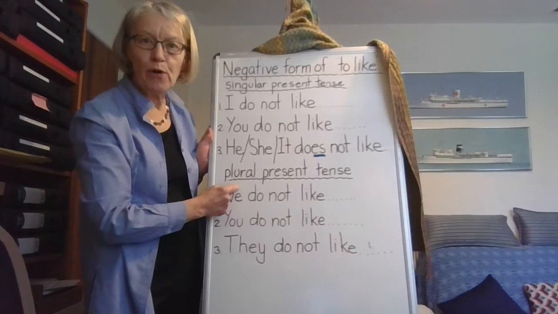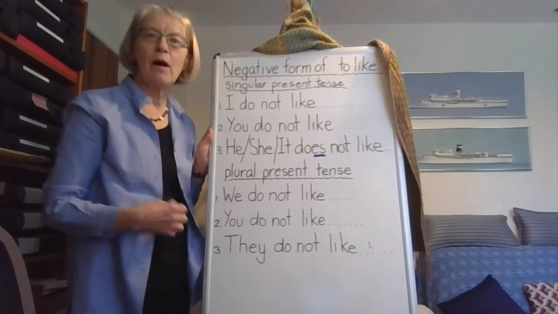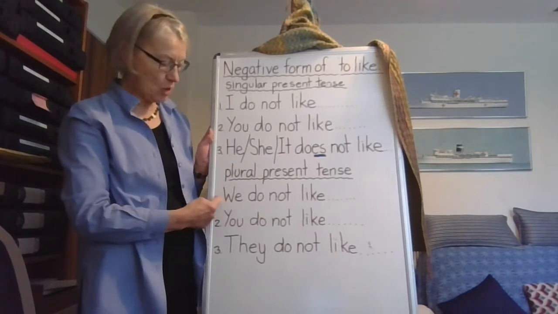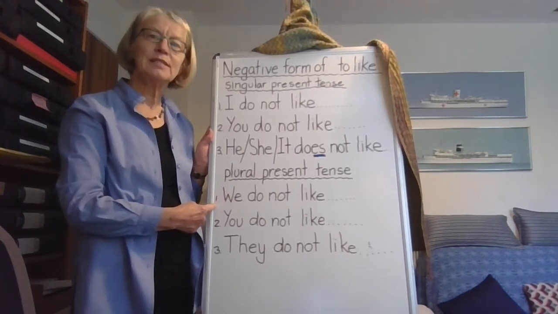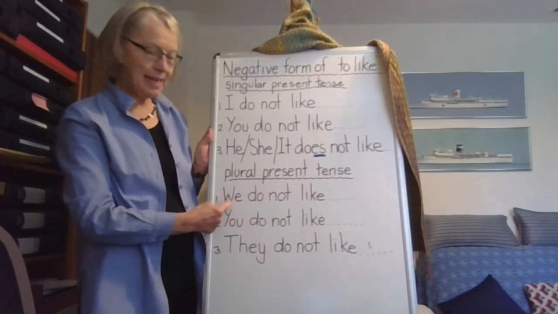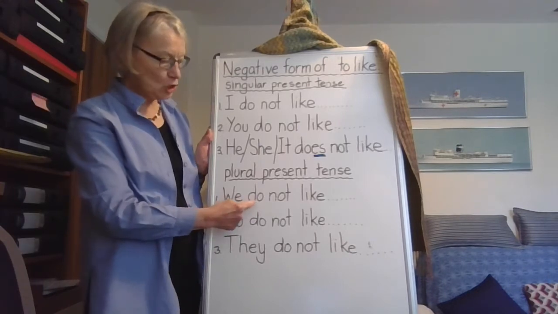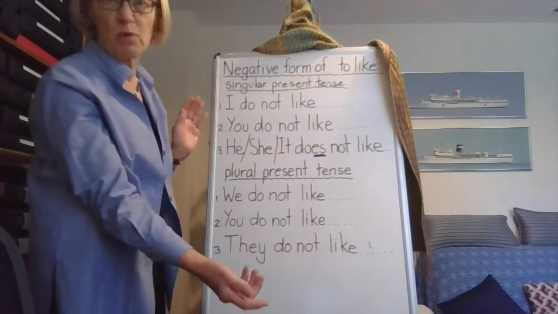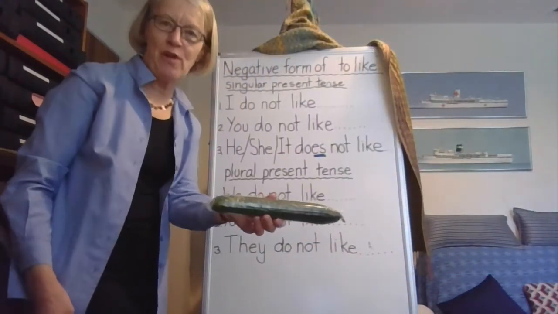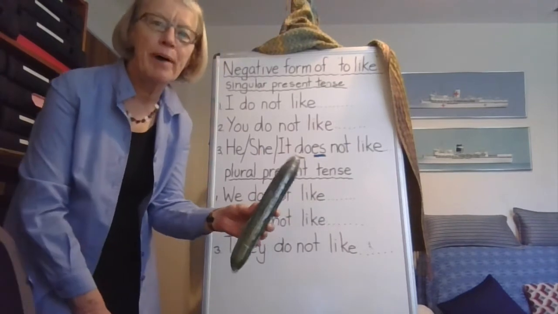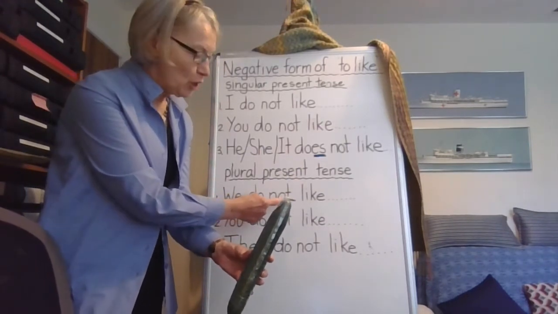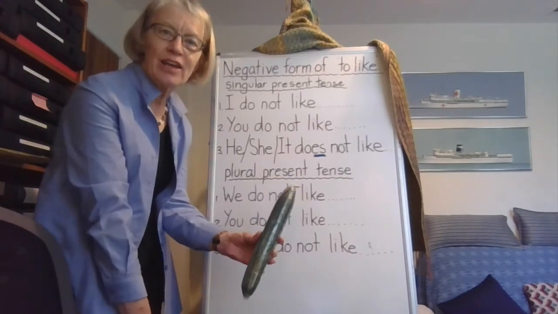Because it's plural, it's when we're talking about more than one person. So the first person plural is we do not like. We'll pretend. Do you know what that is? It's a cucumber. So we'll say, we do not like cucumber.